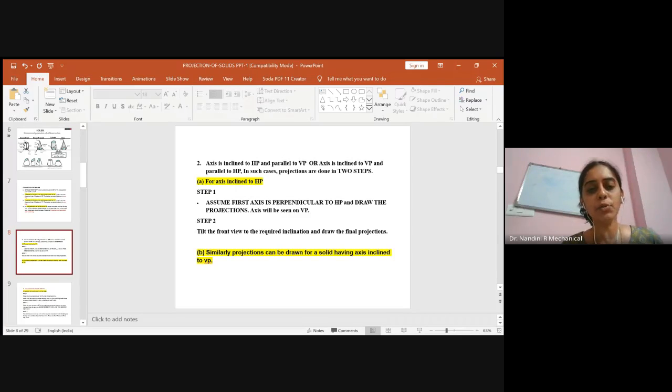So in step 2, what happens? That's what I told you. In the first step, you assume the axis is perpendicular. Then you draw the square as the top view and the rectangular surface as the front view. In the second step, we take the inclination with respect to HP. As we usually do, leave some space and shift the axis to the particular angle as told in the question.